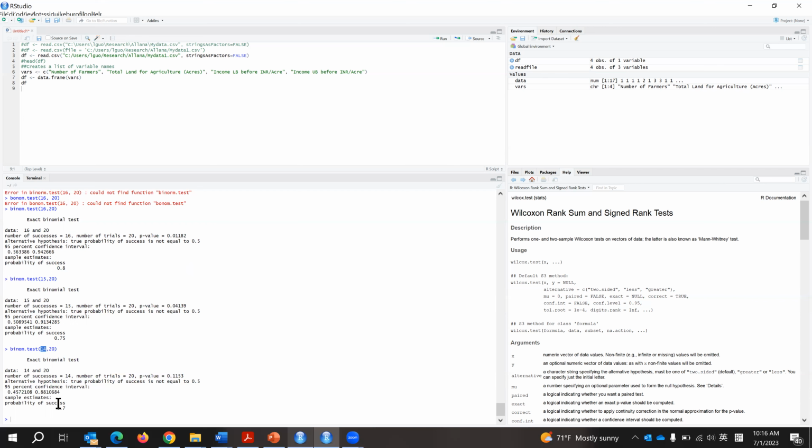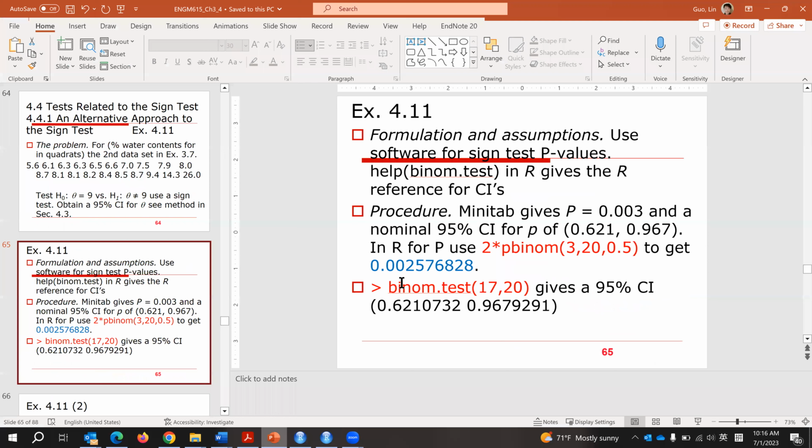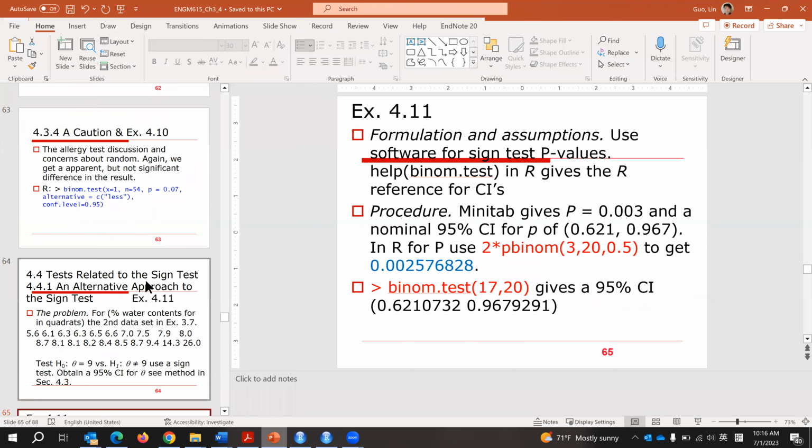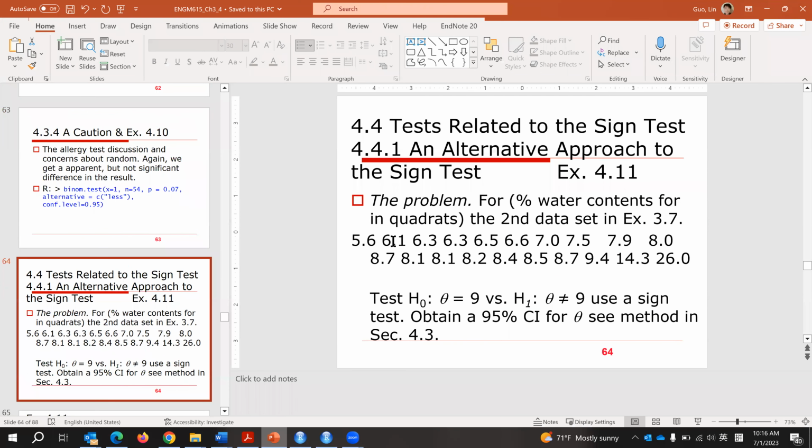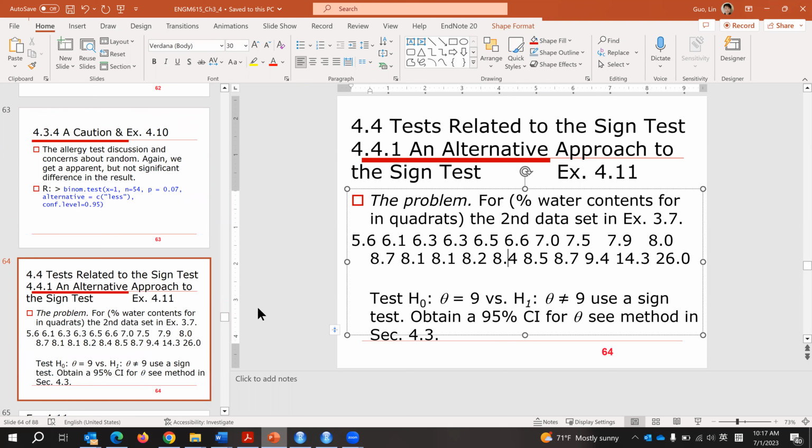It should be 6, right? So the 6th observation should be the lower bound of the confidence interval. Let's go back to the observations. The 6th smallest, 1, 2, 3, 4, 5, 6, is 6.6, and the 14th is 8.4. Therefore, the confidence interval of the median based on our sample should be from 6.6 to 8.4.